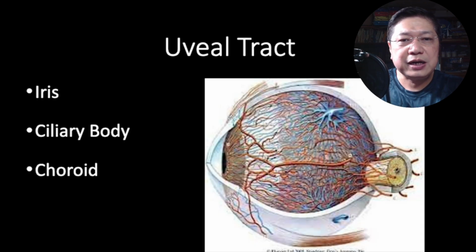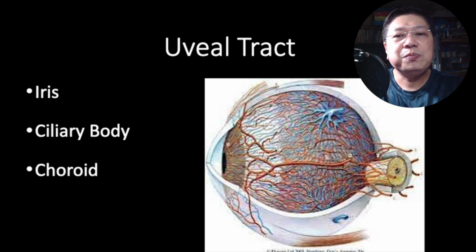Next would be the uveal tract. Now, the uveal tract is several structures inside the body. The iris, that's the color of your eye, the ciliary body, and the choroid. So it's not just one part.